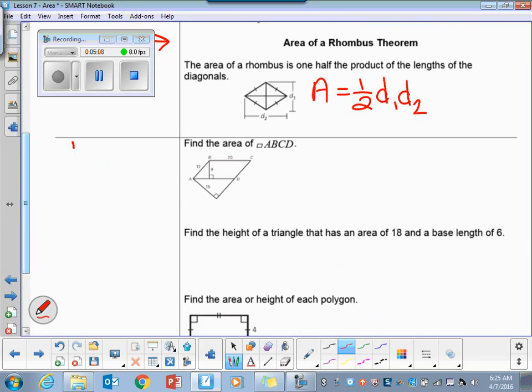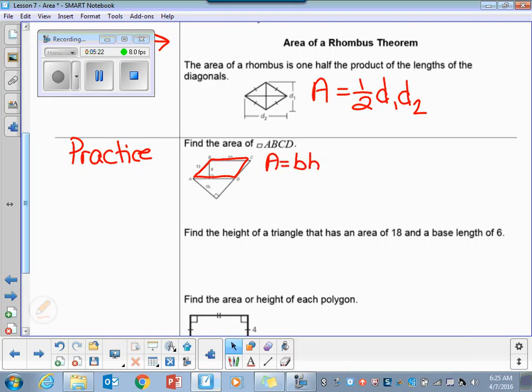All right, so let's get some practice in. Find the area of parallelogram ABCD. So my formula is base times height, and I know base and height have to be perpendicular to each other. Let's see.